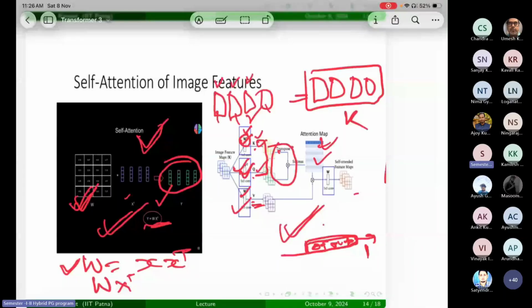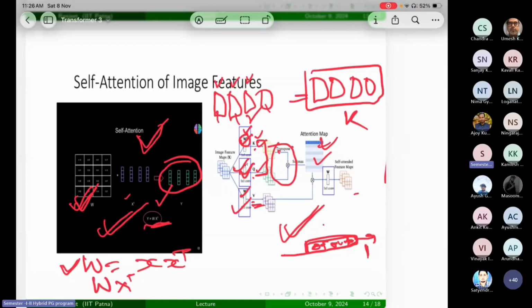If you find the correlation, the range would be between -1 and 1, but we are not interested in the negative part, only the positive part. So 0 means there is no correlation, 1 means both are highly similar and have similar information.